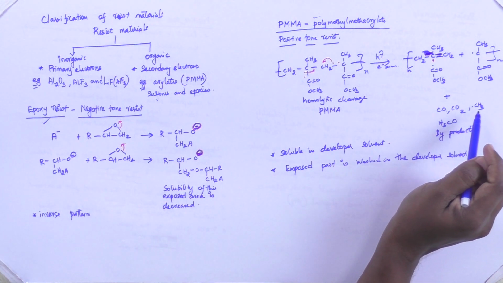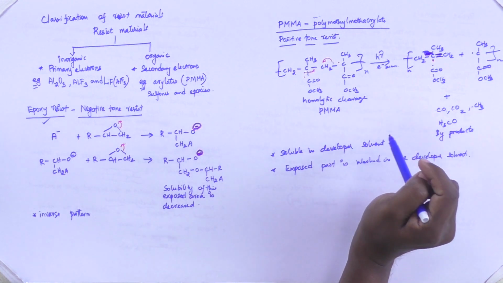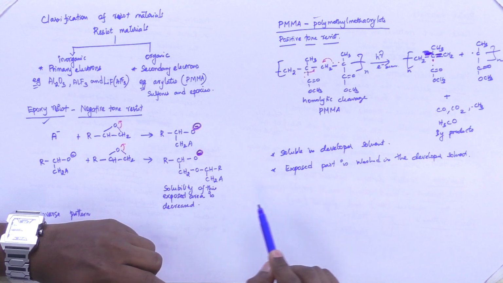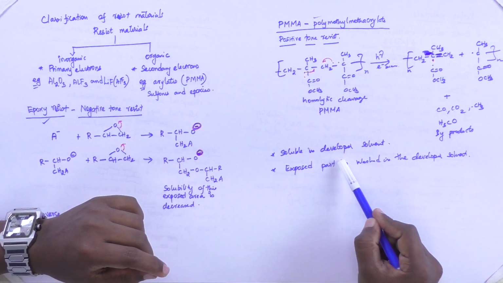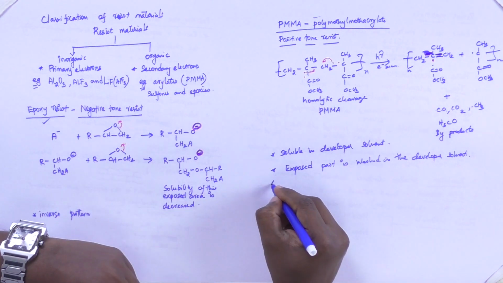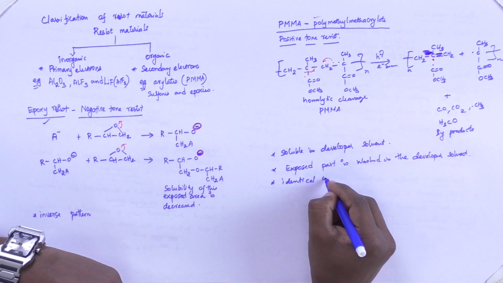As a result small molecules are produced as byproducts which are usually soluble in the developer solvent, and when you complete this process you will get a pattern which is exactly identical to the mask.